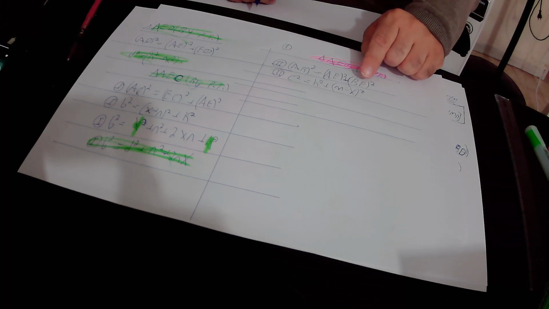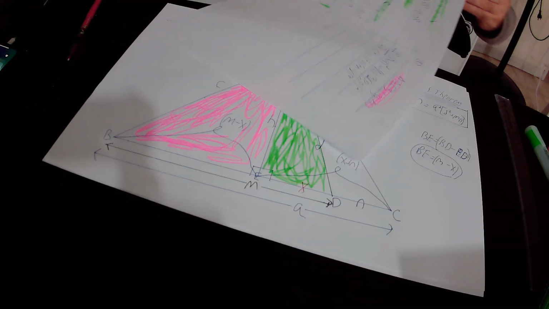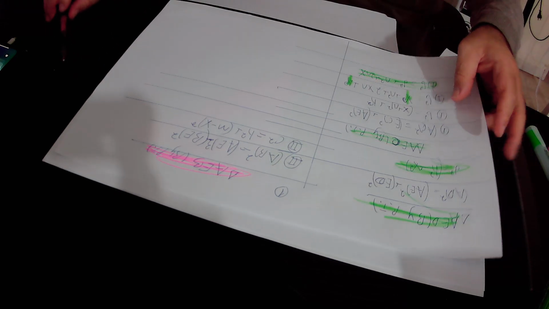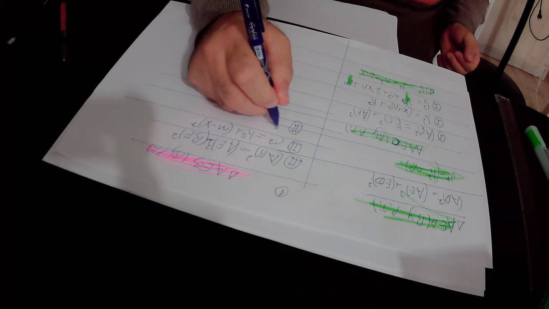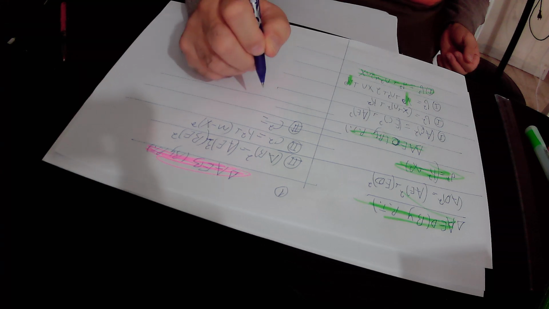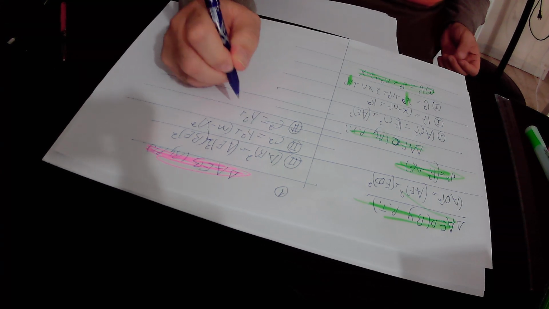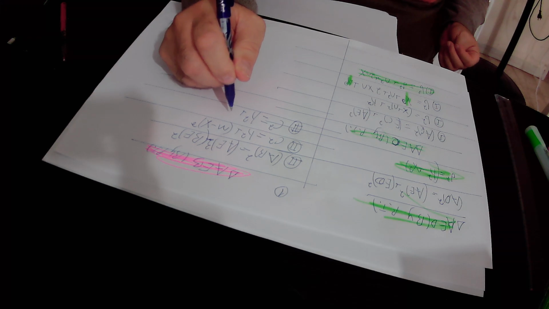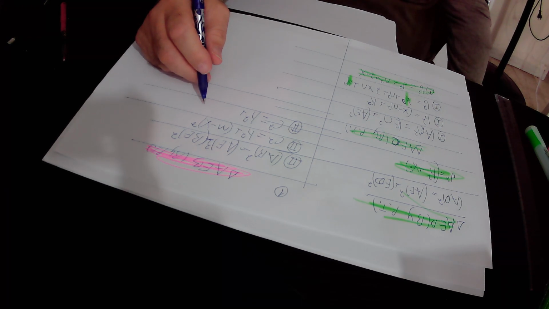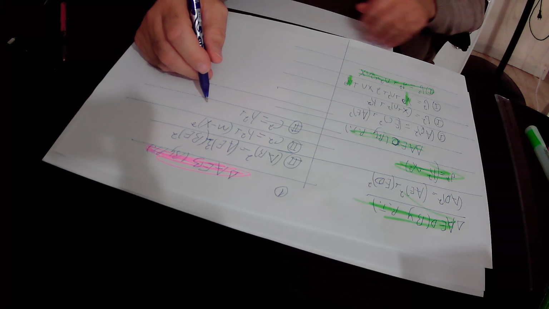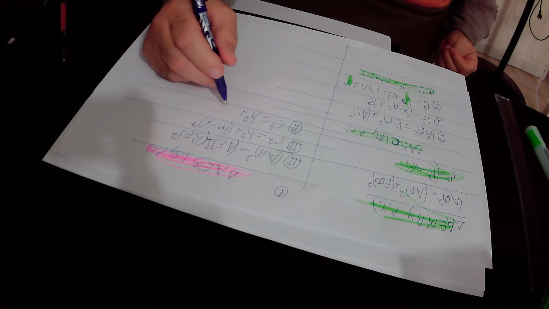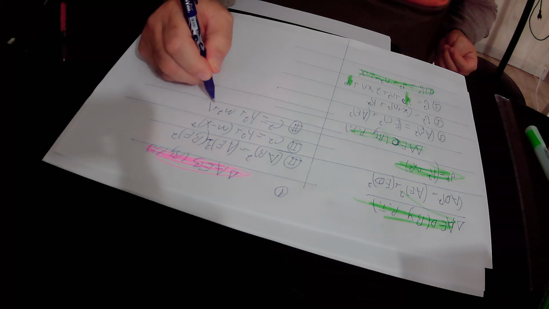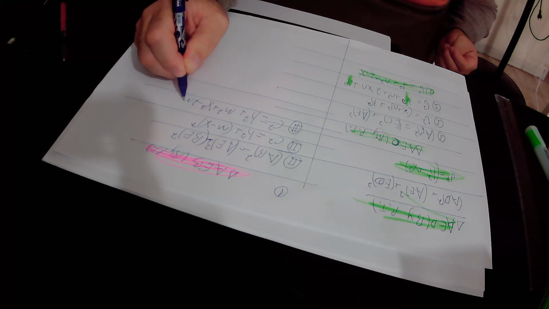We'll open the brackets on this side of equation number 2. (m minus x) squared equals, according to the algebraic identity that (a minus b) squared equals a squared plus b squared minus 2ab, we get that (m minus x) squared equals m squared plus x squared minus 2 times m times x.